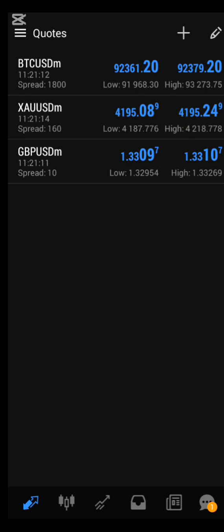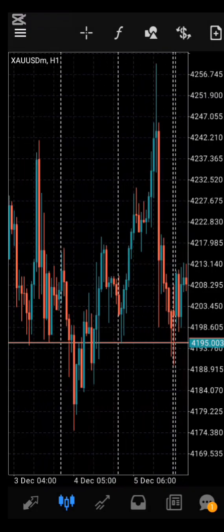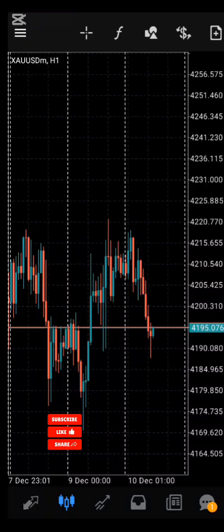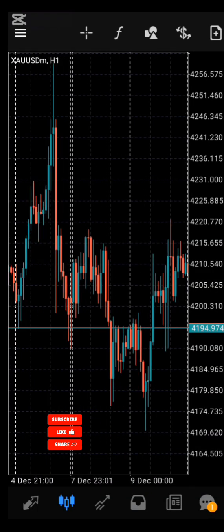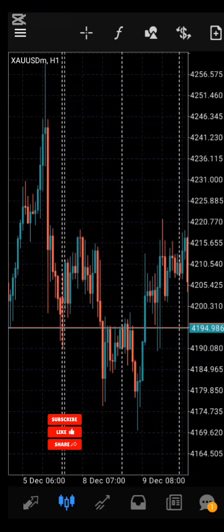I used to refer to this as a digital trading platform or a digital trading space, just like a marketplace where you buy and sell and do some basic things in the market. But today I'm just going to introduce you to the basics, how to move around Metatrader and how to make good use of it.